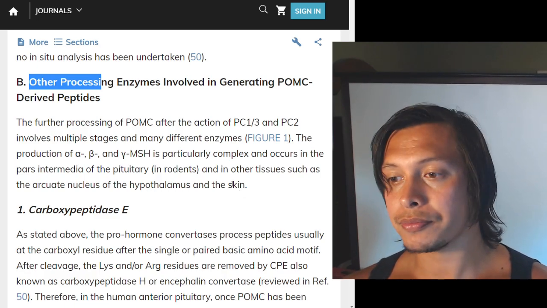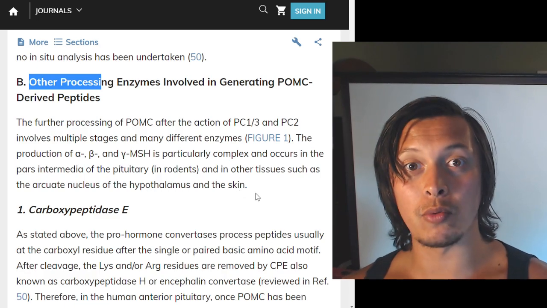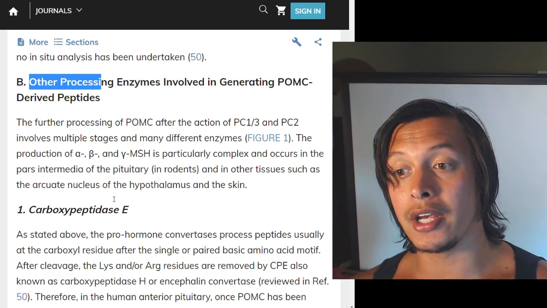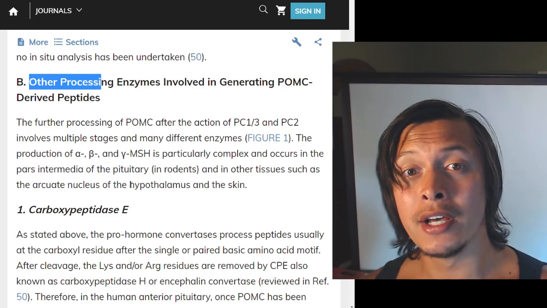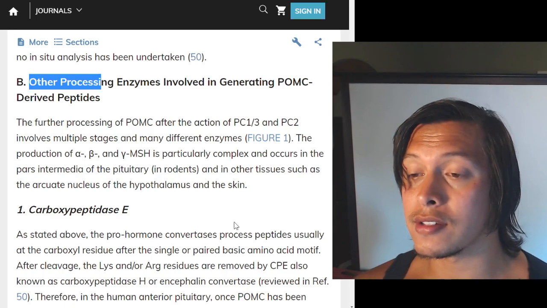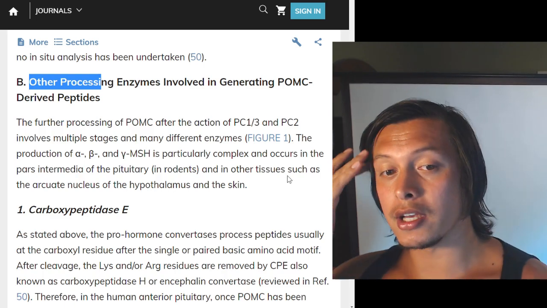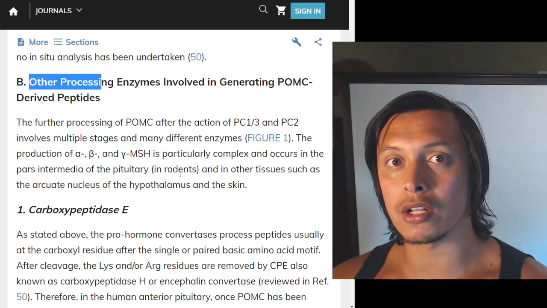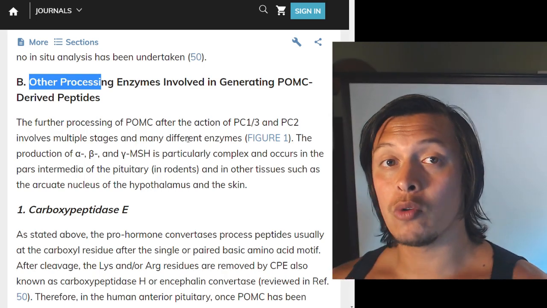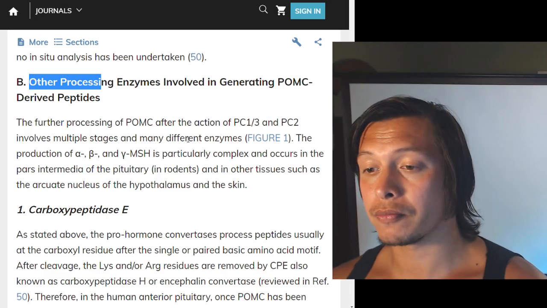So remember, there would be a reason why the skin might want to have the ability to produce alpha, beta, and gamma melanocyte-stimulating hormone, because the melanocytes are in the skin itself. So there's probably a biologically or evolutionarily relevant rationale to why the skin would want to have control.